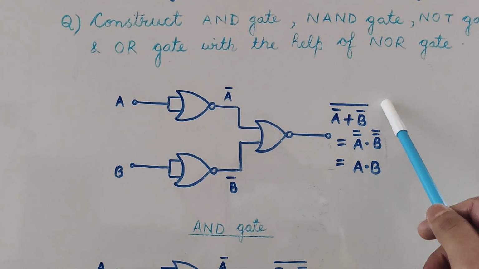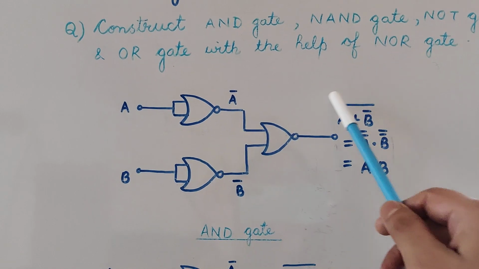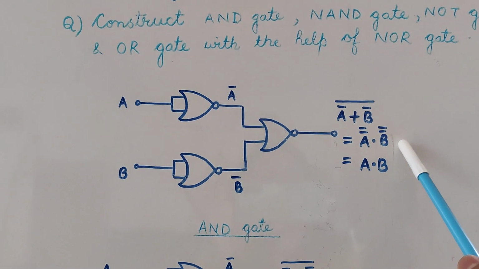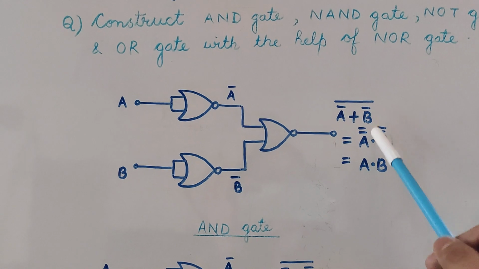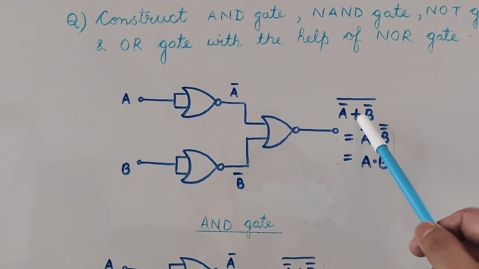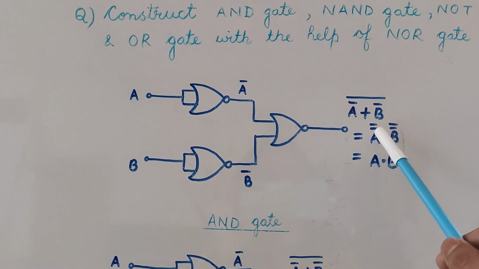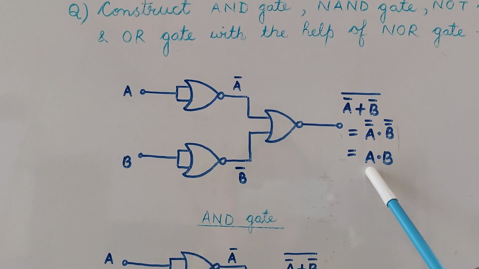Now since there is a complement term over both the variables, to simplify this we will use De Morgan's theorem. Using De Morgan's theorem, we find that this can be simplified to A complement complement multiplied by B complement complement, and double complement means the variable itself.